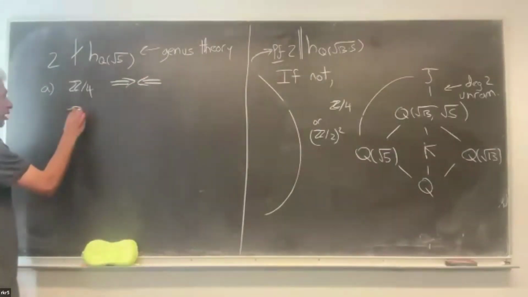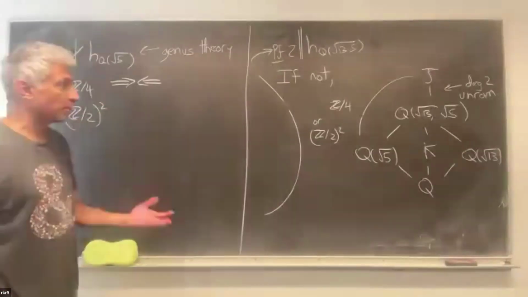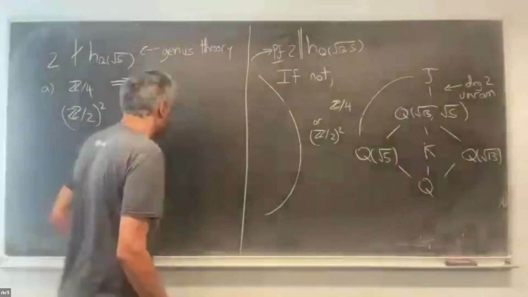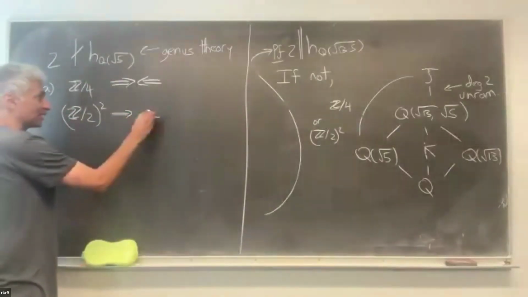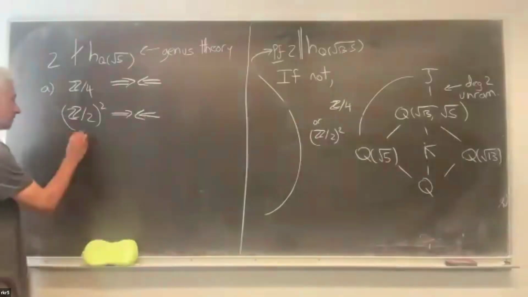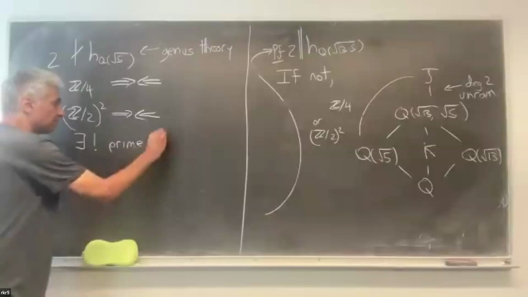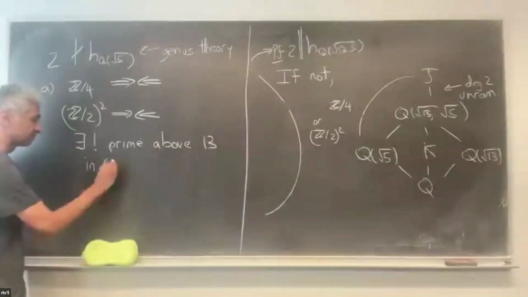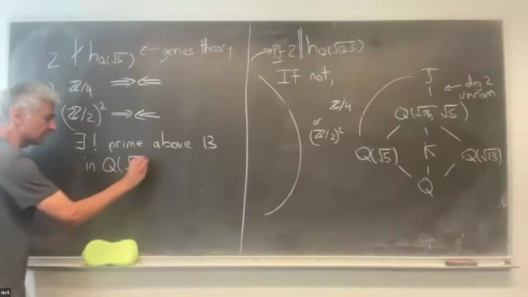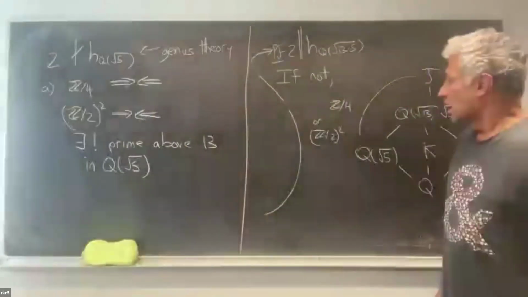Okay, and if it's Z mod 2 squared, and this is where the really important thing comes in, we're going to get a contradiction, so I'll write it up, but let me explain why. There's only one prime above 13 in Q root 5. You have to do some quadratic reciprocity, but that's pretty easy to see.